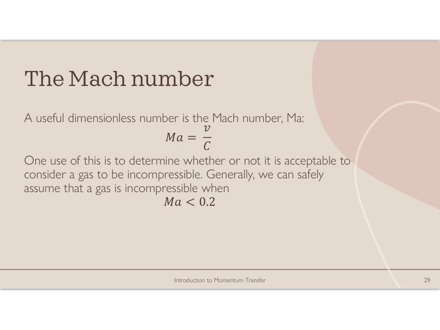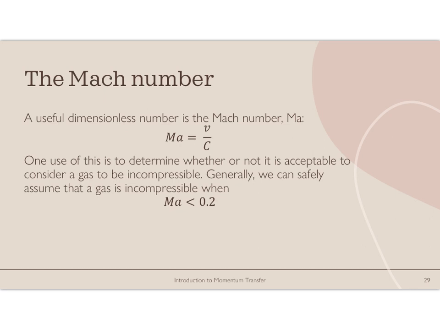Now, there are a lot of ways that the Mach number is useful. If you are talking about superfast jet travel, you might talk about the Mach number. But we can use this to determine whether or not it is safe to consider a gas to be incompressible.